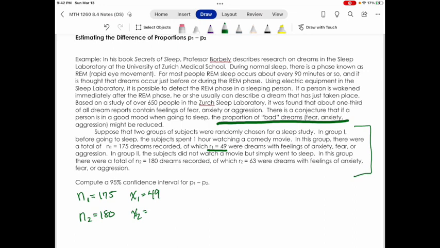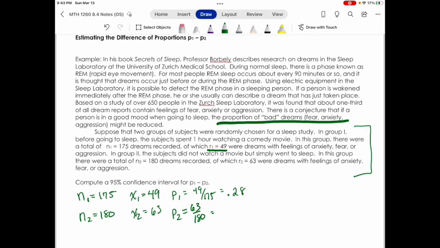And in the second group, our number of successes is recorded as 63. So our P1 is going to be 49 out of 175. And our P2, which is our proportion, is 63 over 180. Typically, I want you to keep it as fractions if you can, because it eliminates rounding issues. But these fractions work out where we don't have to round.